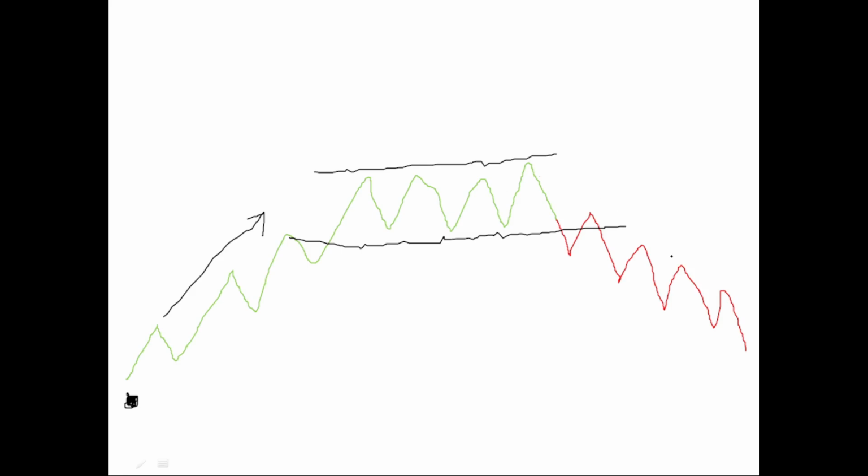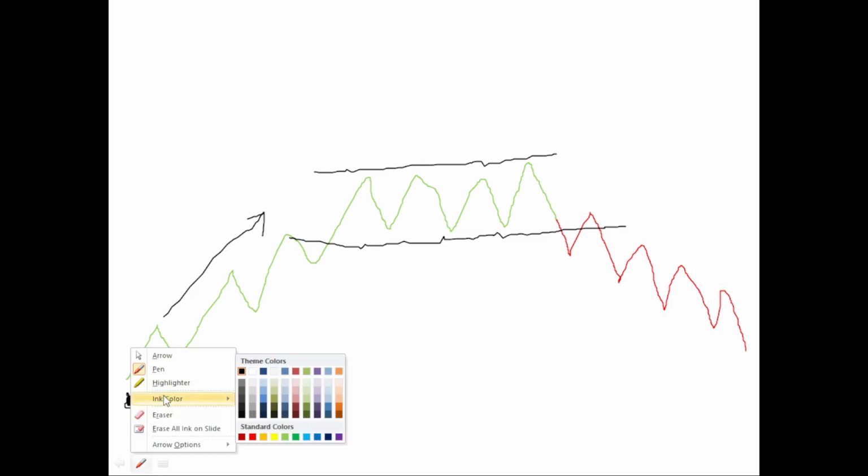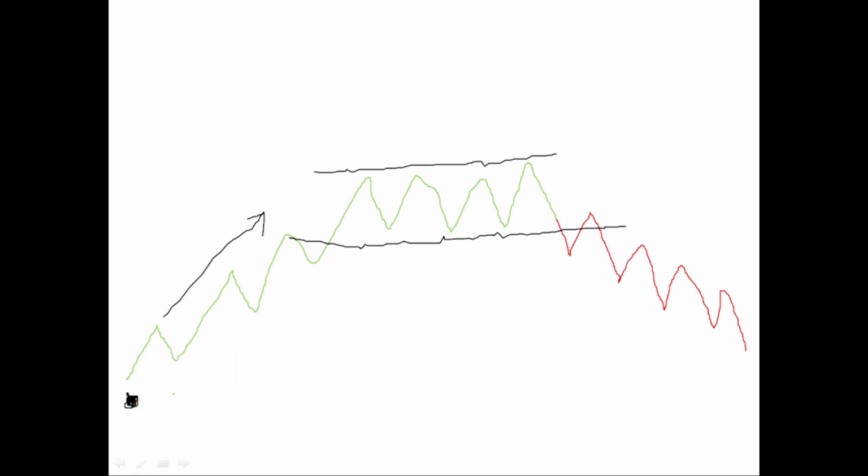The idea is also true for the downward move. Let me use a different color. Let's say the price is moving downward.